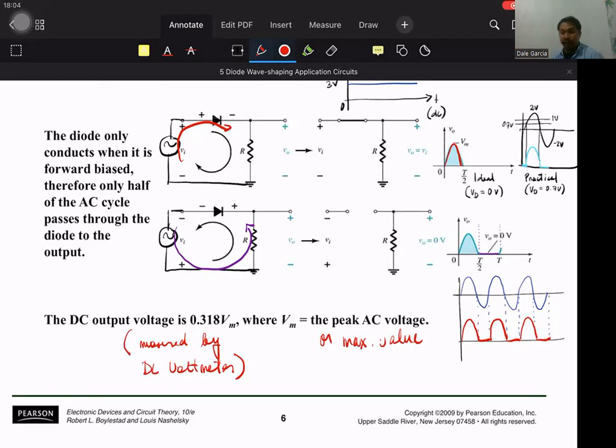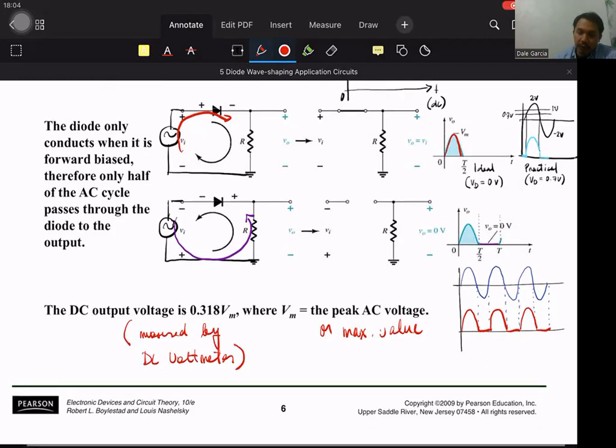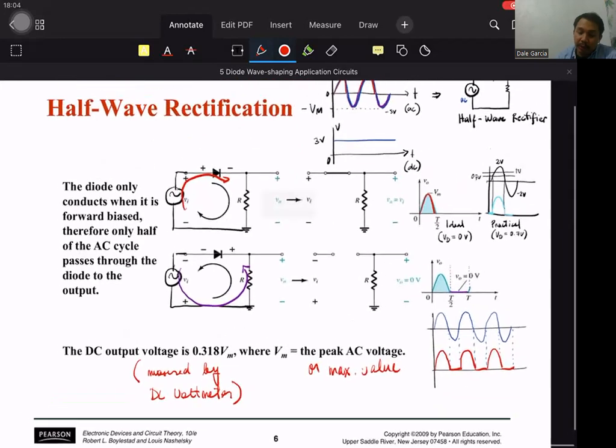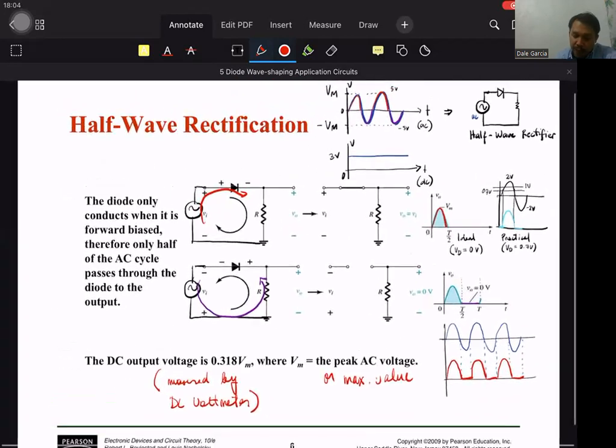You could type it in your calculators. So, 1.59 is what will be measured by our DC voltmeter. So, if we do not have a DC voltmeter and we want to obtain the value of the output DC voltage, we could use this formula.